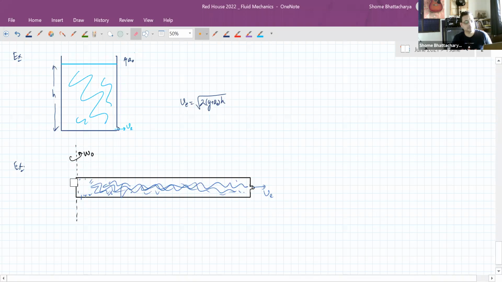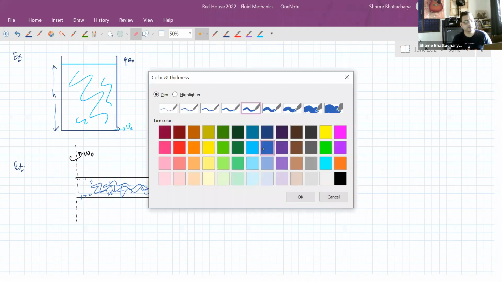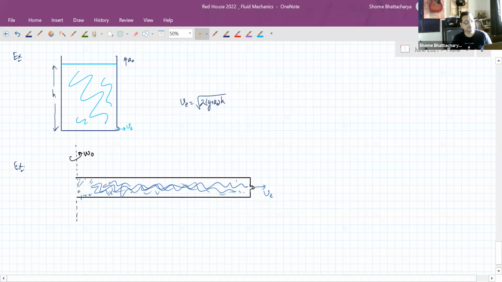Now, typically what is happening here is that this tube is open from this side. But the reason why the liquid is not flowing out is that we are rotating it with enough angular speed. So the centrifugal force acting on the liquid column is not allowing the liquid to flow out. Okay? So this is of length L. So we have to find the speed of efflux with respect to the rotating tube.